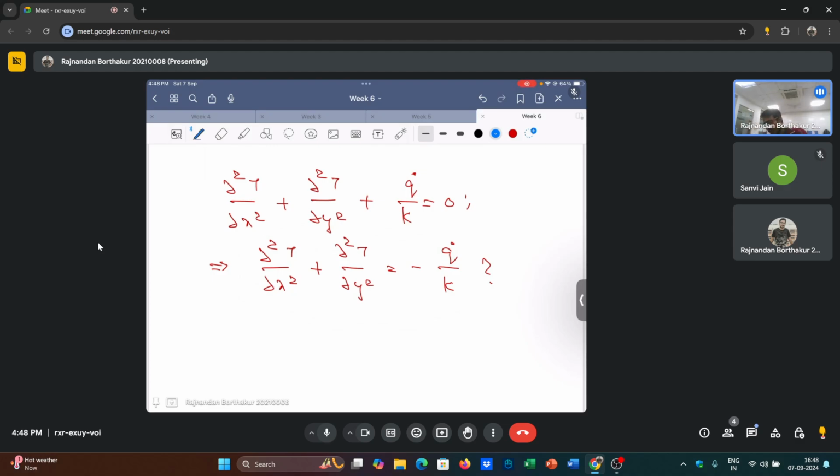So, I'll also write down the Laplace equation for the ease of your understanding. The Laplace equation was del square T by del x2 plus del square T by del y2 equals 0. Now, how is this equation different from the Laplace equation in terms of mathematics?